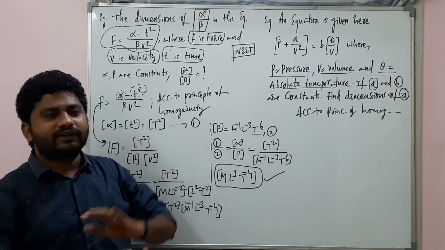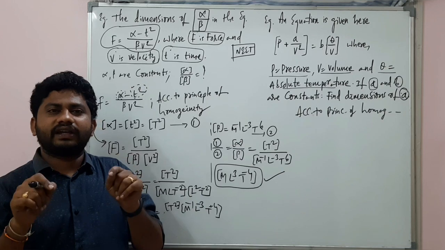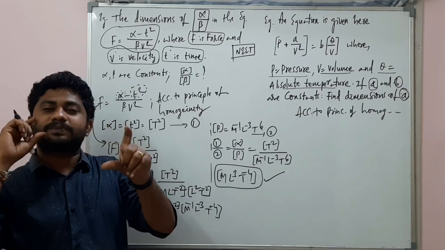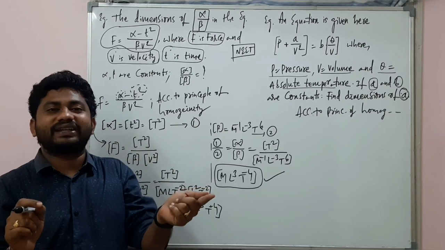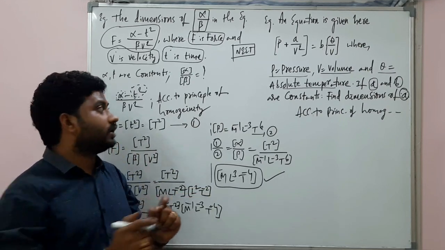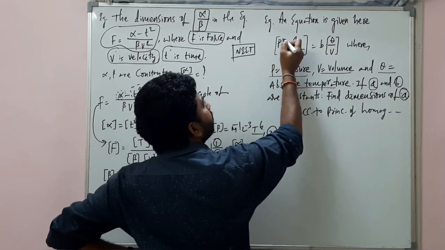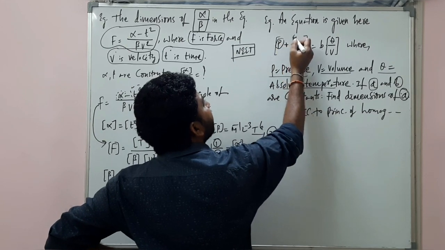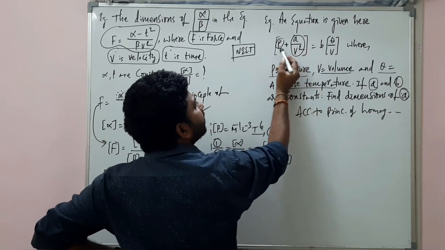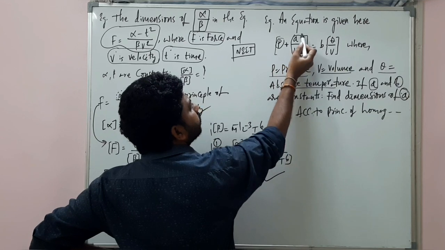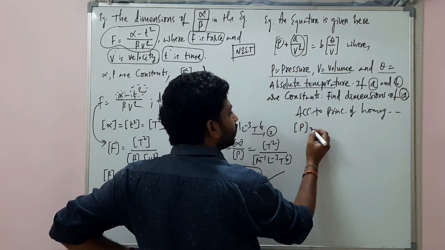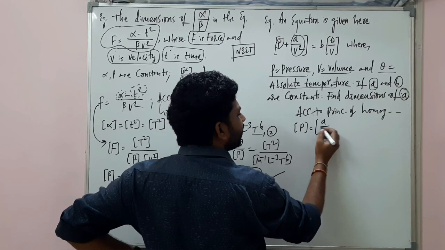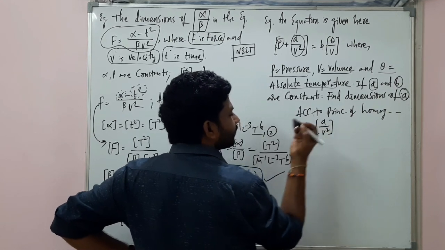Whenever a question is given in this way, identify the addition or subtraction going on between two quantities in the given equation. See, there is an addition between P and A by V square. Immediately the dimensions of this must be equal to dimensions of this. So dimensions of P is equal to dimensions of A by V square.